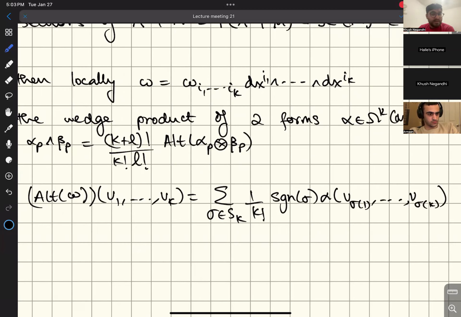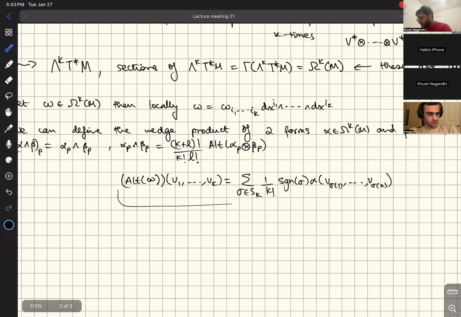And then we checked that this was actually an alternating multilinear map.